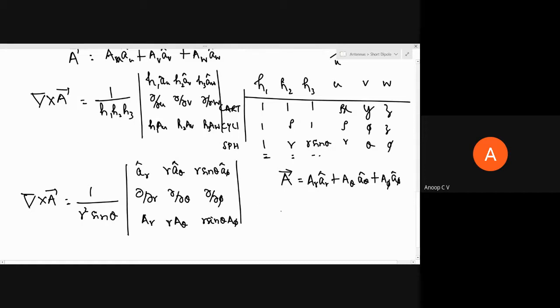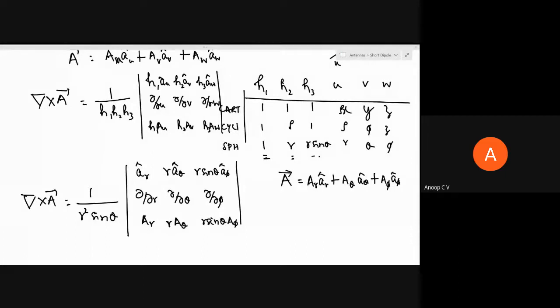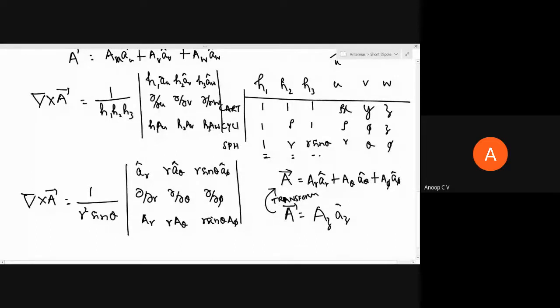But what we have now is A in Cartesian, that is A z cap. I have a vector in Cartesian, and I have to transform it into spherical. That is what we have to do now.